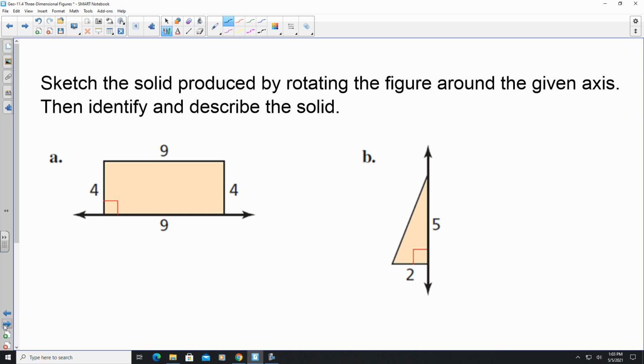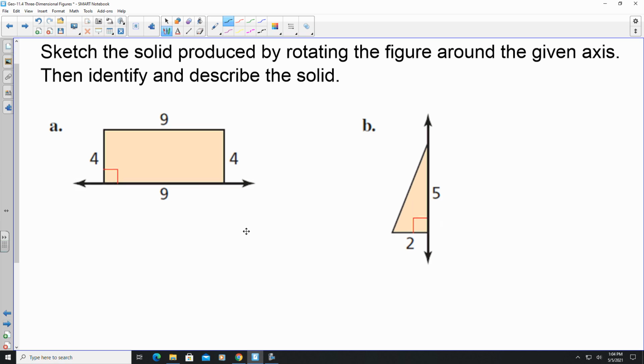Here, it says sketch the solid produced by rotating the figure around the given axis, then identify and describe the solid.